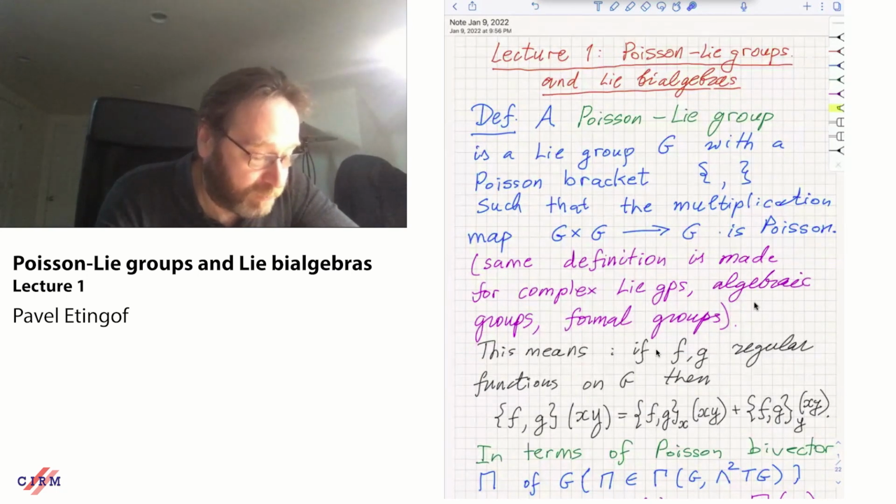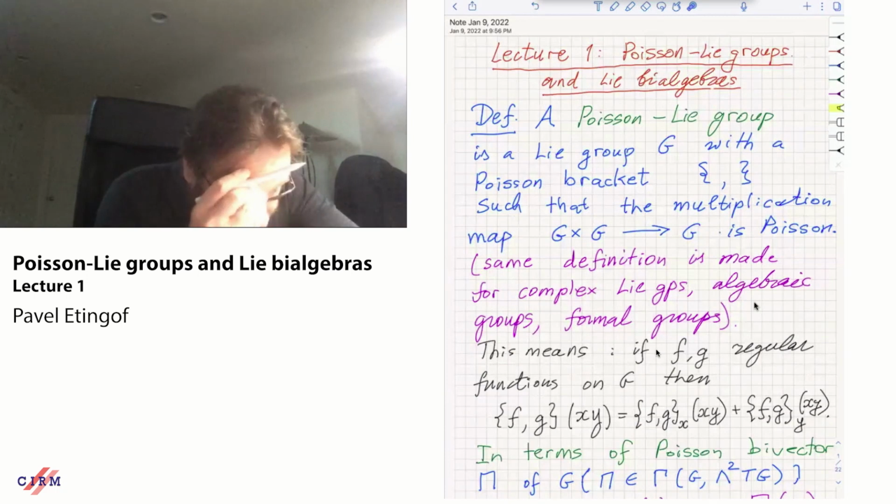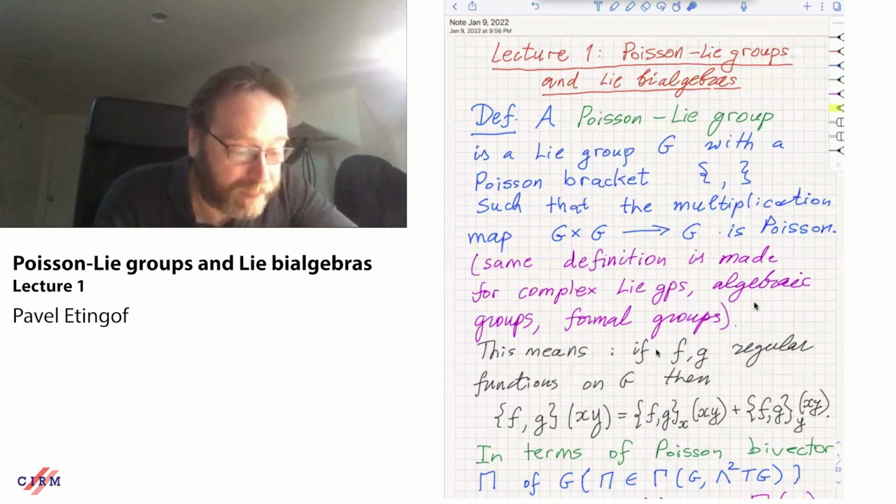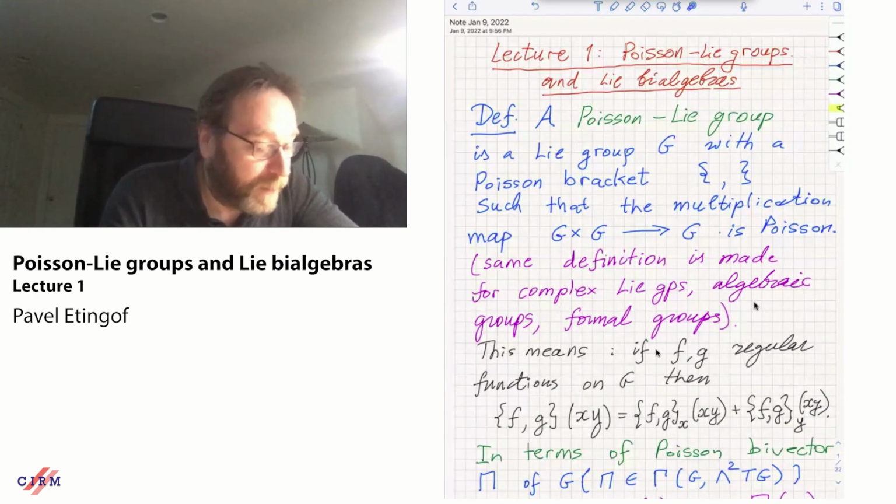The Poisson bracket, because it's a biderivation, can be defined by a Poisson bivector on the manifold, which is a section of the second exterior power of the tangent bundle, or so-called bivector field. And so the bivector field of G cross G is just the sum of the bivector fields of the first and the second factor.